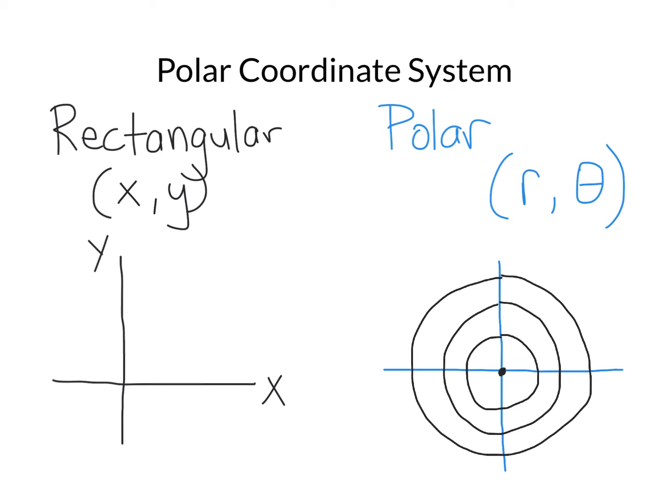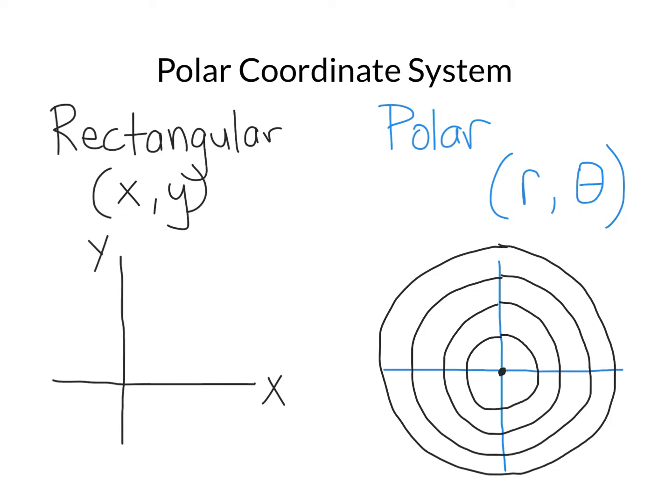No matter which direction you go, you're always going a certain radius away. So the first number is your radius, or the distance away from your pole: 1 unit, 2 units, 3 units, 4 units, it doesn't matter. And then an angle.